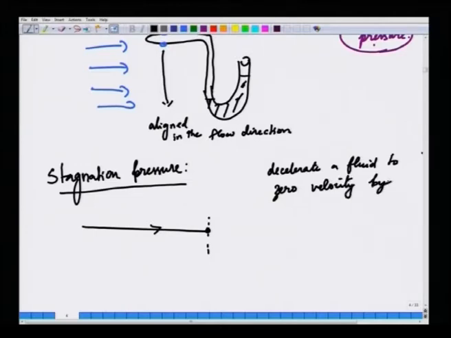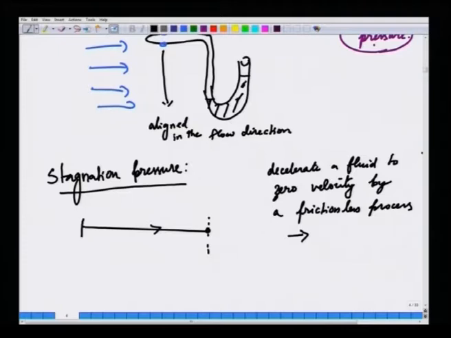This is a conceptual idea. In reality, of course, it is not possible in general to have a frictionless deceleration of a fluid to 0 velocity. But it is a concept that if you are able to decelerate a fluid to 0 velocity by a frictionless process, then what will happen is the following.